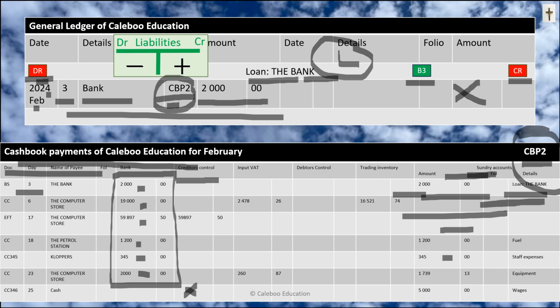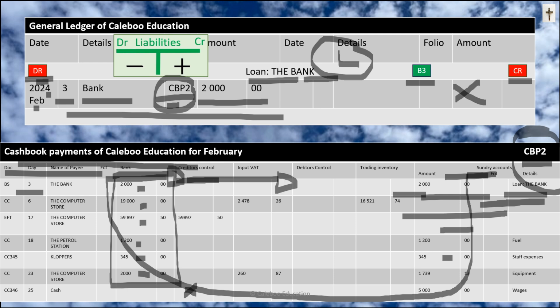Remember I said work with the sundry accounts, so we're going to work around like this, the sundry accounts, and then we're going to work from left to right. We're going to take the information from the bank account, creditors control, input VAT, debtors control. That's how we're going to work.